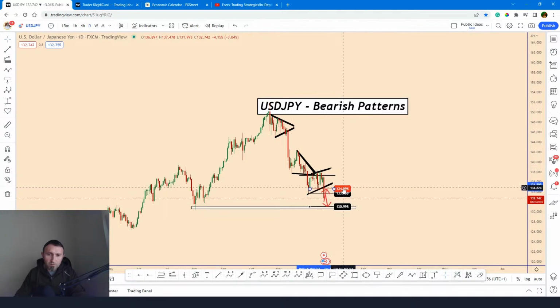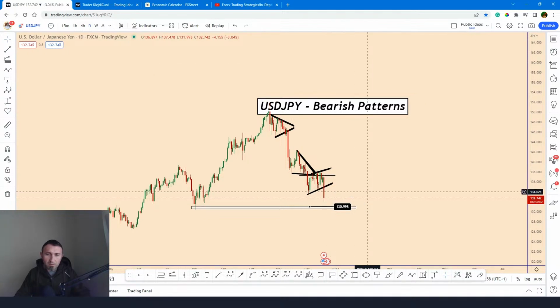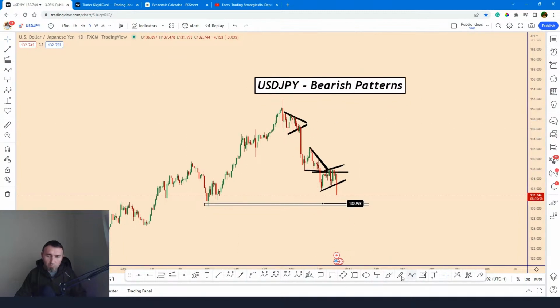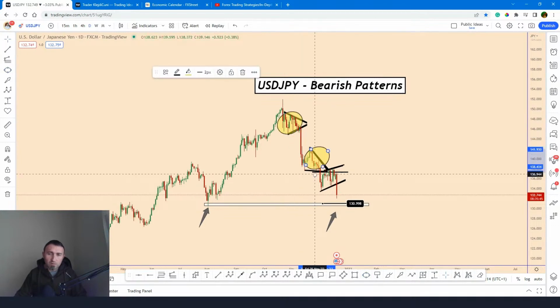On the bigger picture, we may see that price from the top is coming down close to this support area. So this support area should act as a magnet, so the price should come down. We can see all of these bearish patterns.